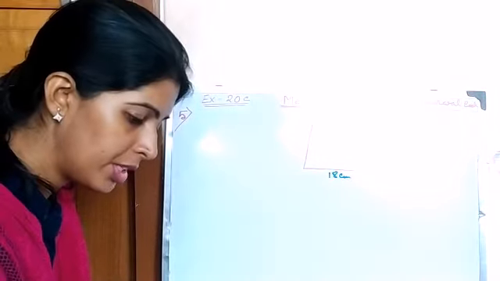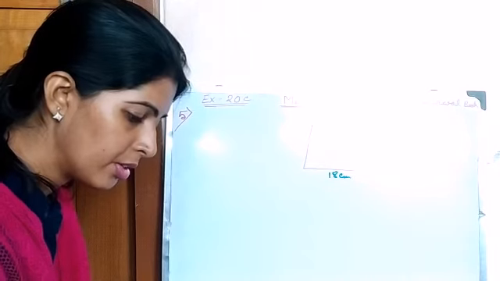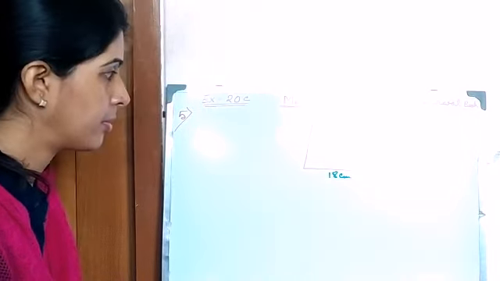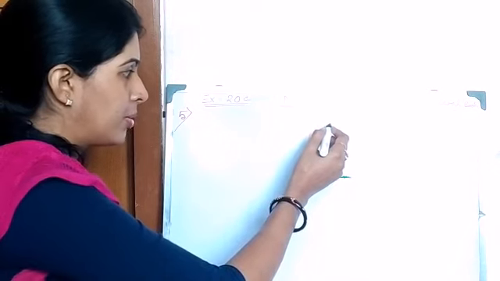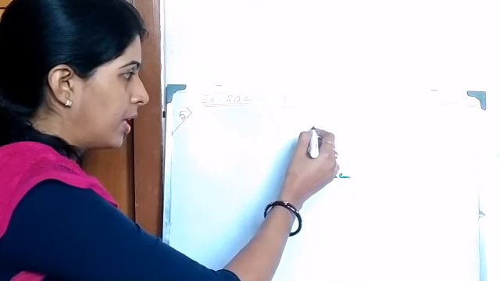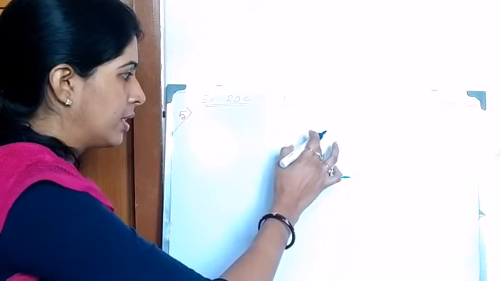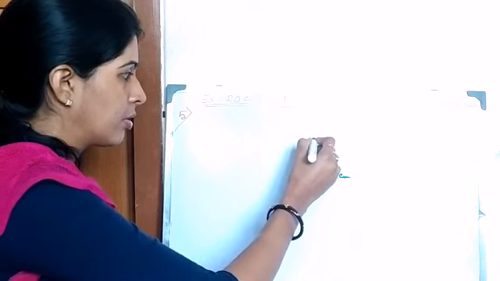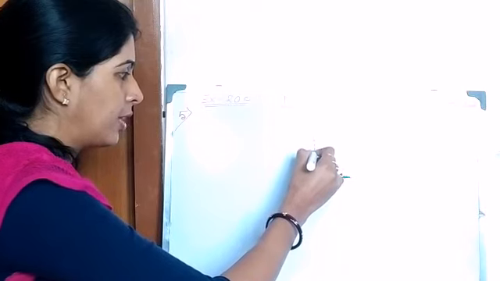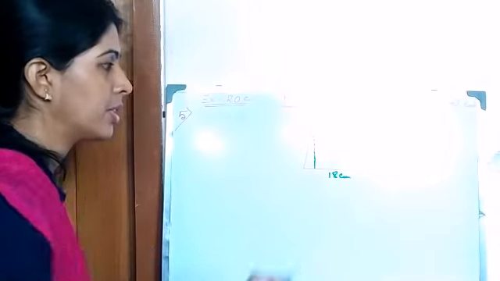So what to find out is the distance of the given side from its opposite side. Opposite side means this side. So from here to the given side's distance we have to find out. That means actually height.